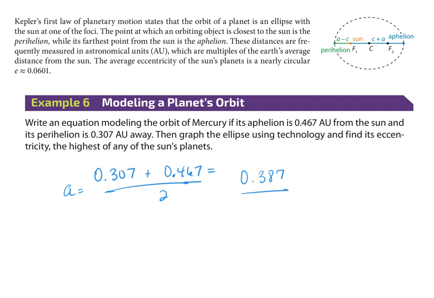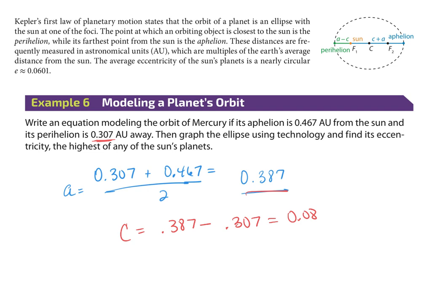If I want to figure out what C is, I can take my A value and subtract this closest value here, and I will get my C, which I need in order to find my B. So I'm going to take the A value that I just found, 0.387, and subtract this perihelion. That's going to give me my C. And so my C value here is going to be 0.08.